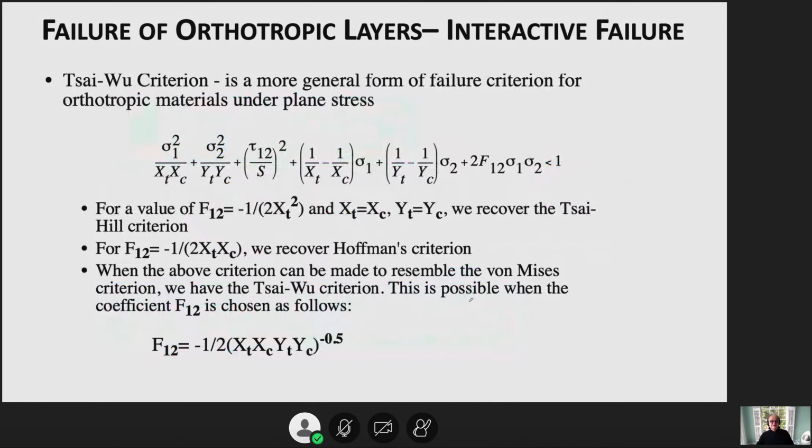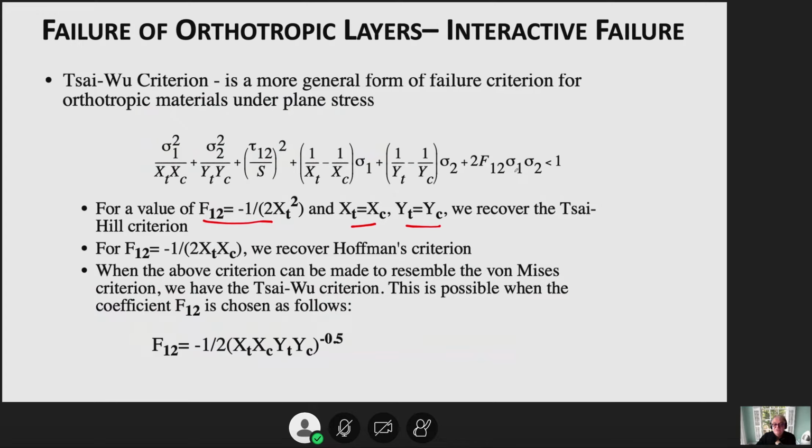Now, I guess I had this chart that I really don't want to spend any time on. This is the Tsai-Wu, a more general form of the failure criterion. If you start with this Hoffman and then do some manipulations and put XT equals XC, YT equals YC, from this we recover the Tsai-Hill criterion.